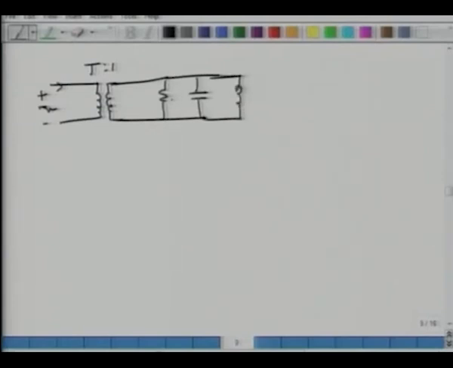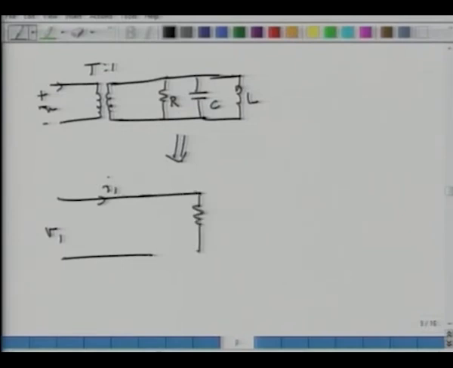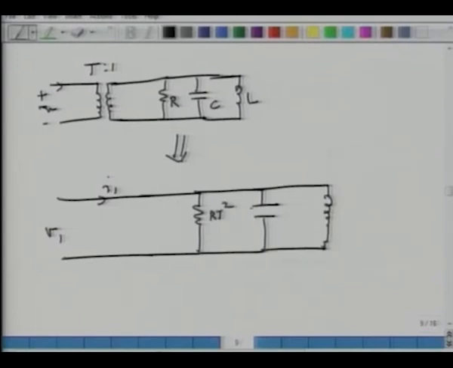if let's say it's an RLC circuit, then this changes to: my resistance value changes to R T squared, L goes to L T squared, and capacitance changes to C over T squared.